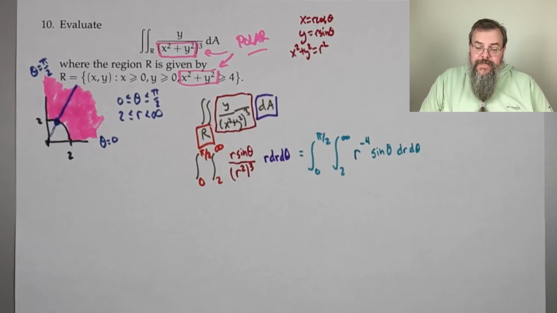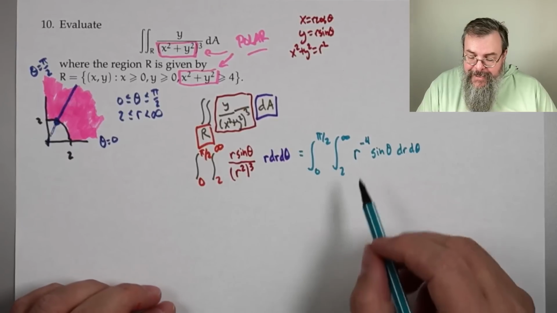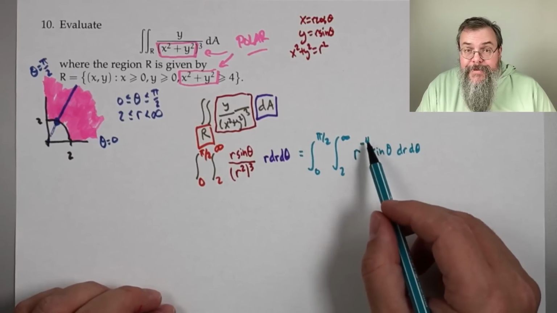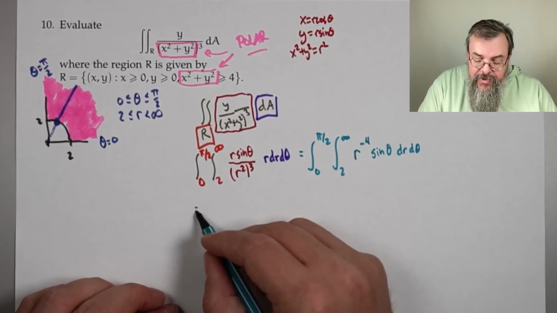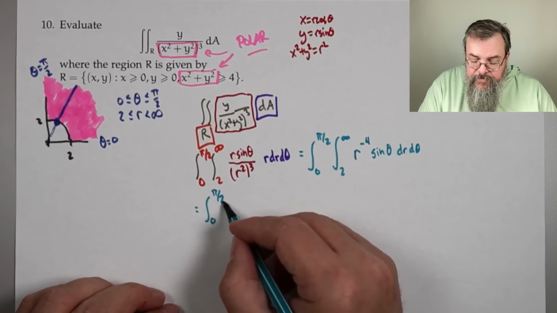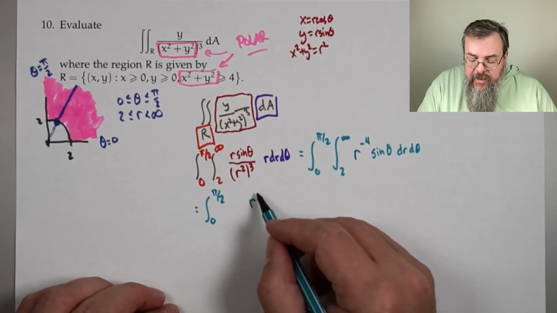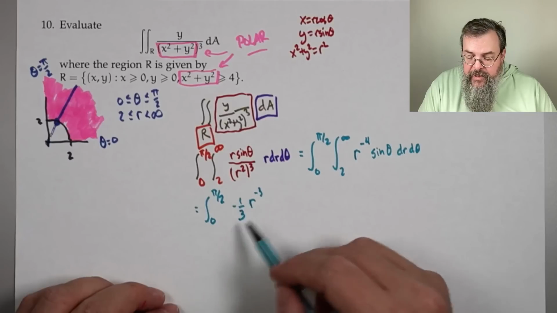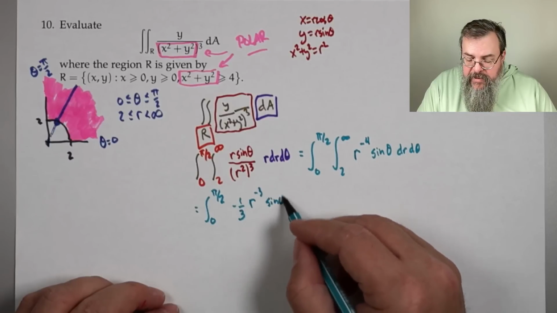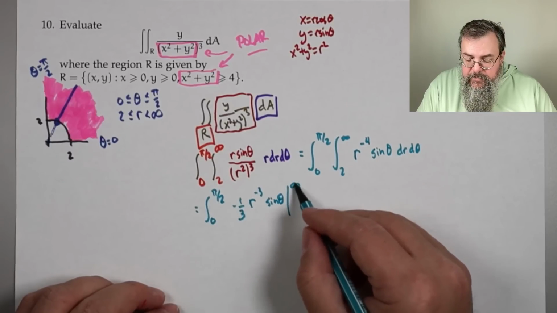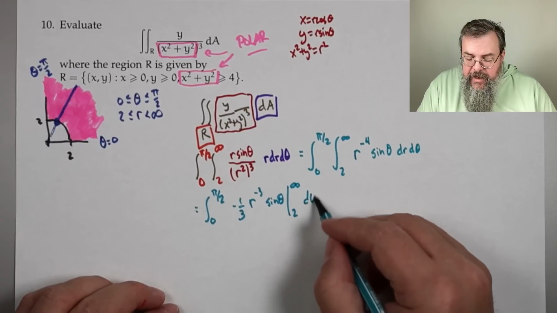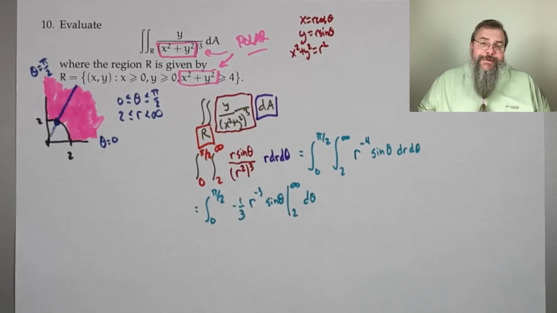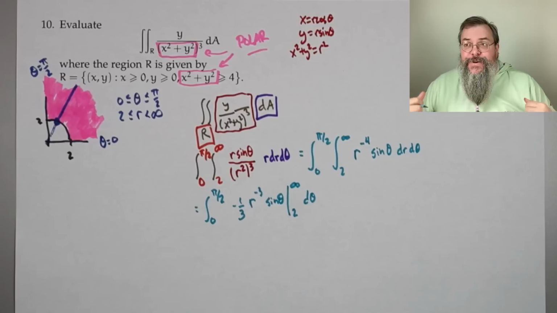Okay, well, let's integrate. Now, when we do r to the negative 4, we add 1, divide by that. So we still have the outer layer. Then we're going to have r to the negative 3 times a negative 1/3 in front. So that's dividing by negative 3. And sine of theta, evaluate that from 2 to infinity. Now, when we plug in infinity, what we really mean is what's happening as we go to infinity.